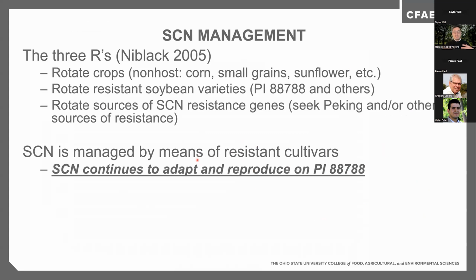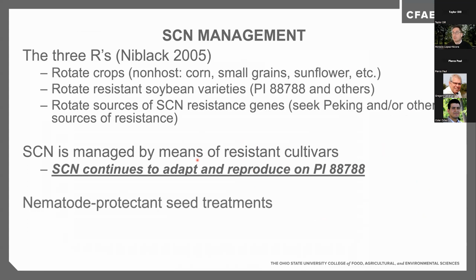And that brings again the idea that managing soybean cyst nematode has to be thought of as an integrated approach. We need to integrate resistance, yes, but also protect the seed. Use nematode protectant seed treatment. Another thing that we are evaluating in our lab, Ali Peart, a master's student, is evaluating cover crops.